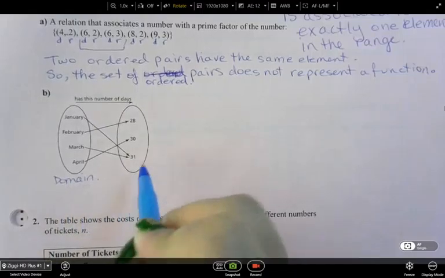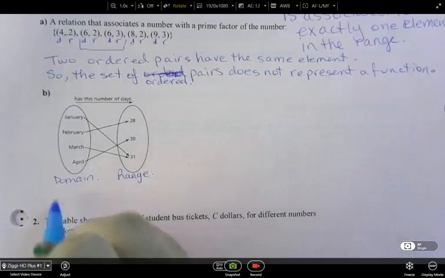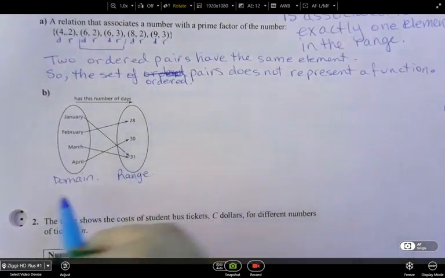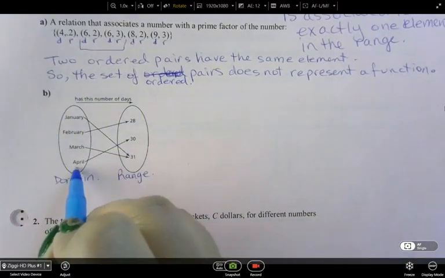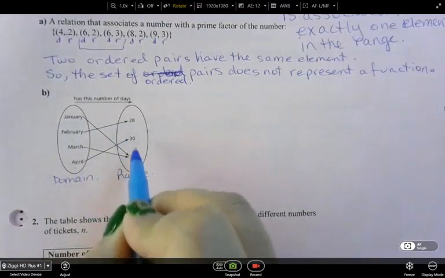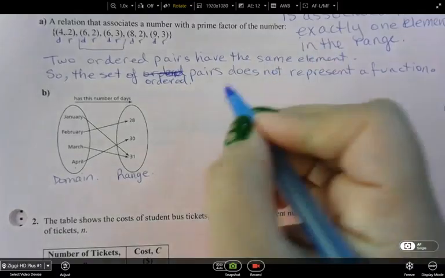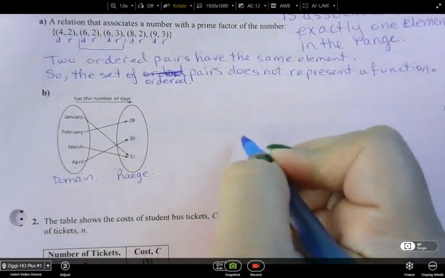So this is the domain, and this is the range, and this is an arrow diagram, okay? Because you've got 2 ovals, you've got the first set in here, you've got arrows going to the second set, and then numbers in here. So is this a function? Yes or no? Well, let's have a look at it, okay?